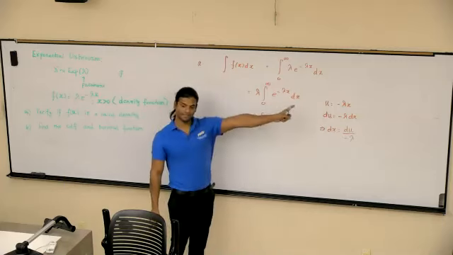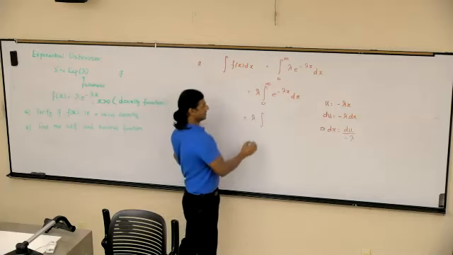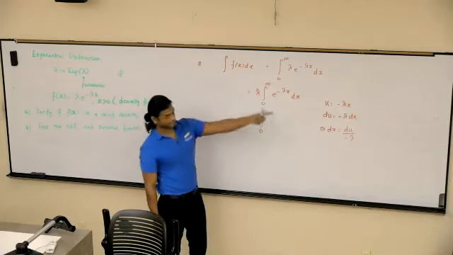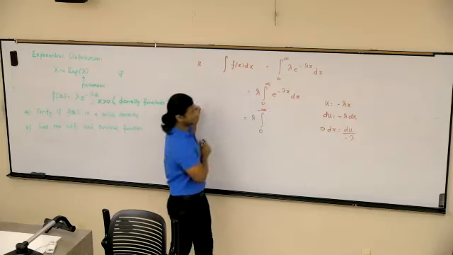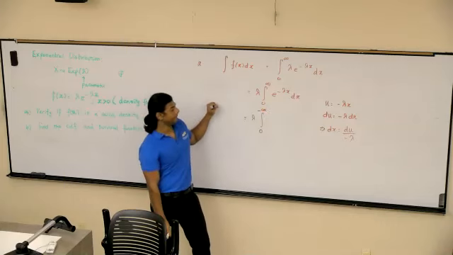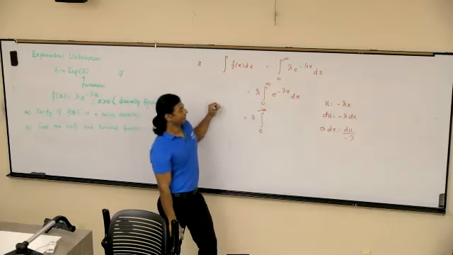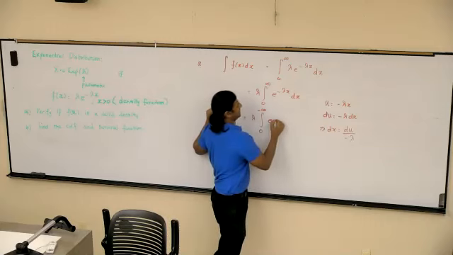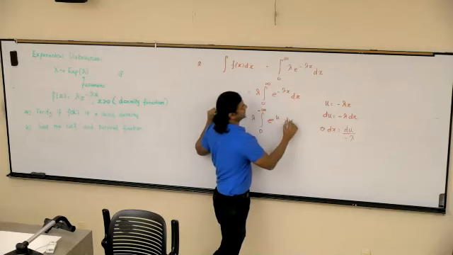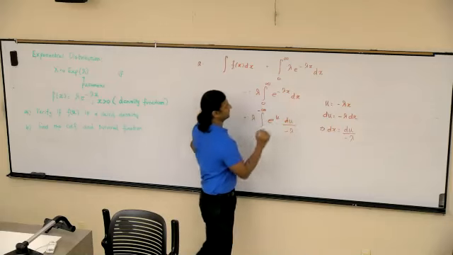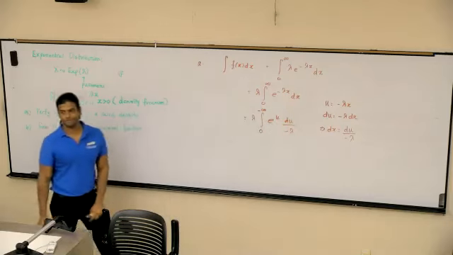When x is 0, u is 0. When x is infinity, we have negative infinity. e raised u du over negative lambda. Yes?